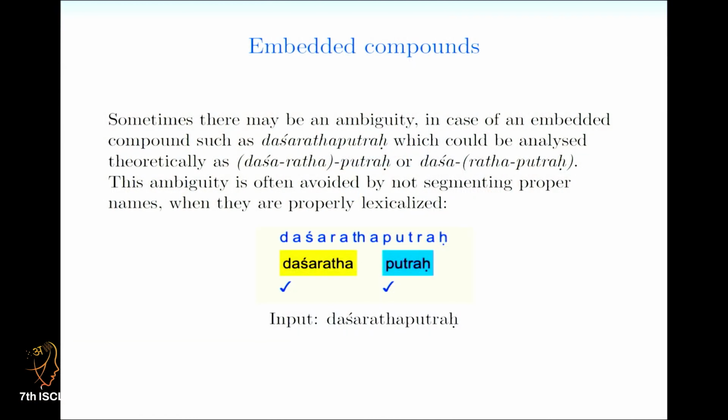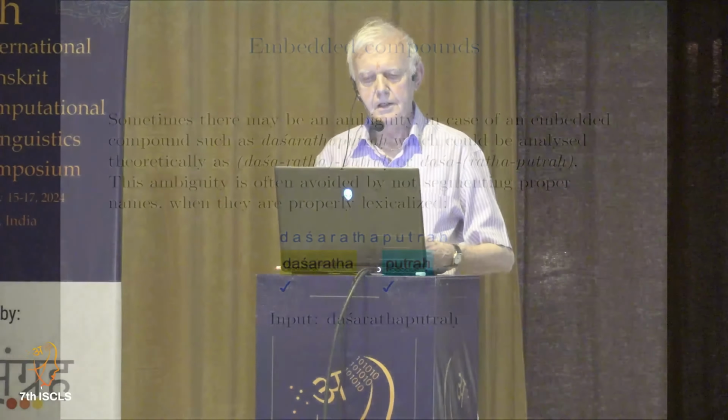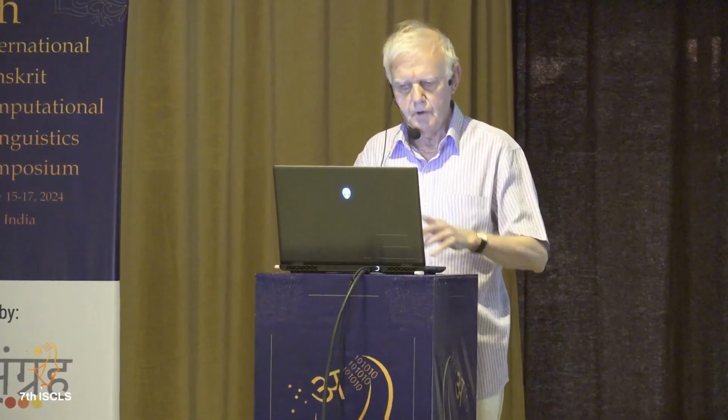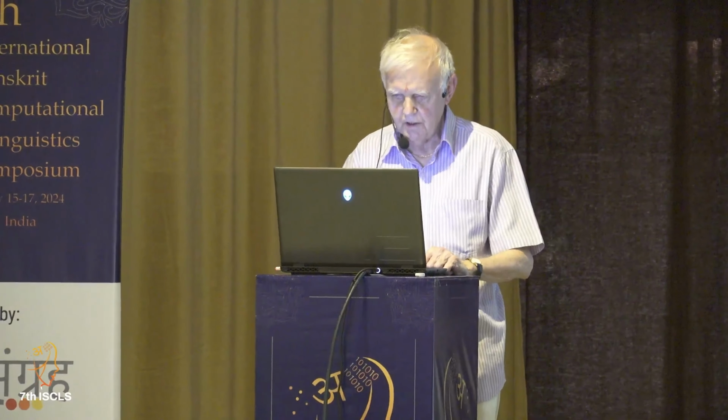Now, here I've gotten rid of the ambiguity by actually choosing the first one, Dasharata Putraha. And Dasharata, it's a proper name, so I glue together the two stems, because it's a proper name. So if you do this kind of thing, then many ambiguities will vanish.